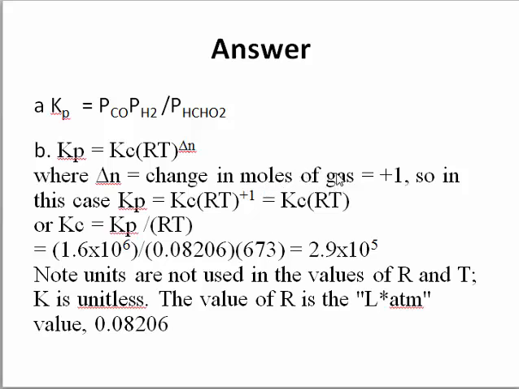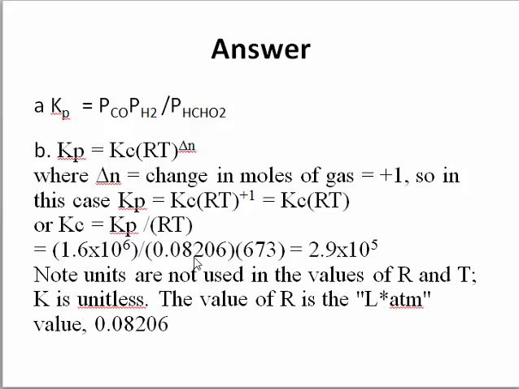Change in moles of gas is 1 in this case. Start out with 1 mole of gas on the left, end up with 2 on the right, so it is plus 1. So Kp is Kc times RT. Or we find Kc by dividing Kp by RT.